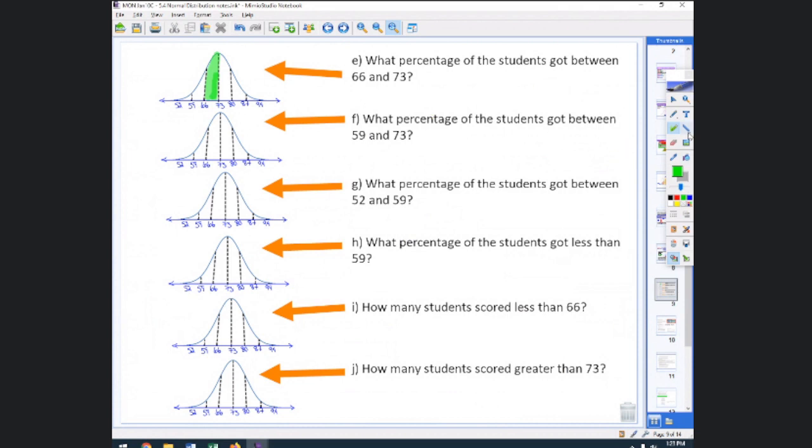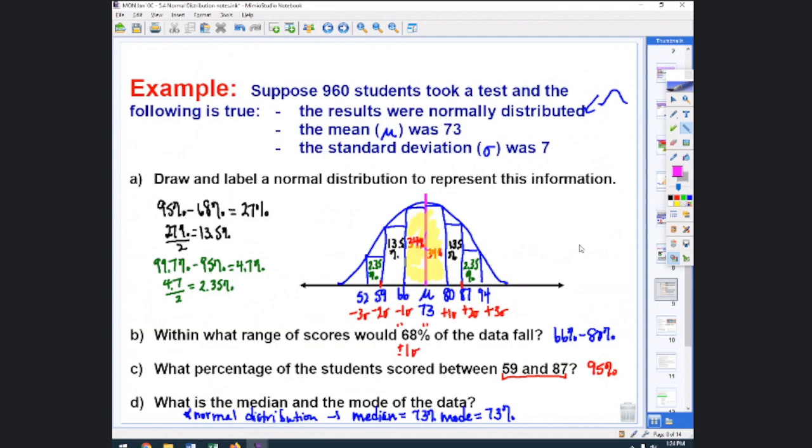So in each case, what you might want to do is think about where the mean would be. So I think the mean we're given is 73. And I believe these were all the values that we came up with. So this hinges on this example that we just did right here. Okay, so I sketched the curve. It's all the same values, 52, 59, 66, and so forth.